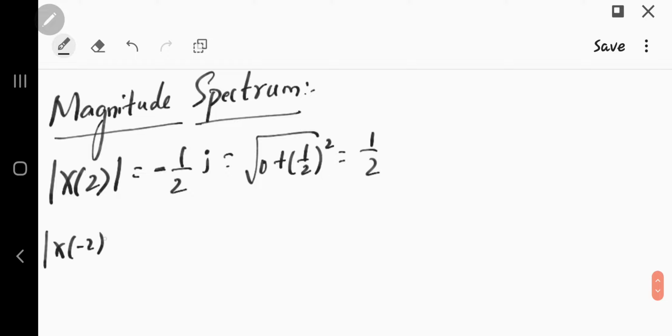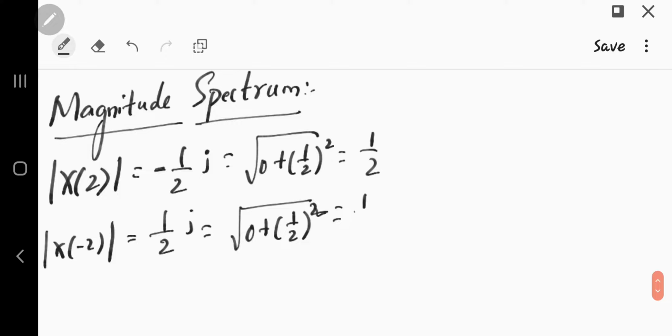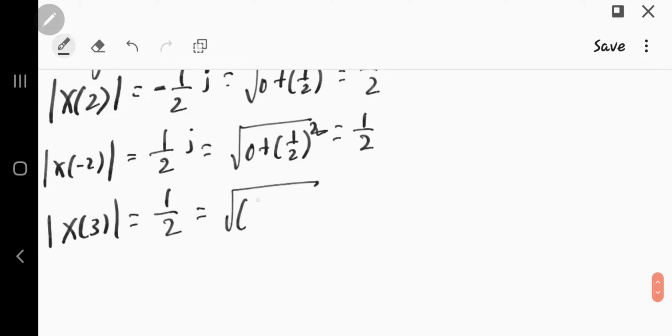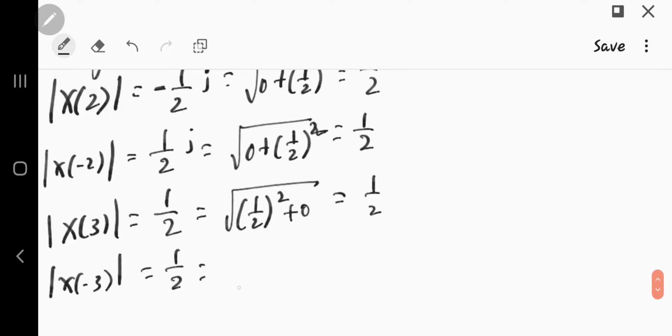For x of minus 2 it is 1 by 2 into j, again root of 0 plus 1 by 2 square, so we get 1 by 2 here. Since it is magnitude, we have to consider only the positive values. For x of 3 it is 1 by 2 square plus 0, again 1 by 2. And for x of minus 3 it is 1 by 2 square plus 0, again 1 by 2.